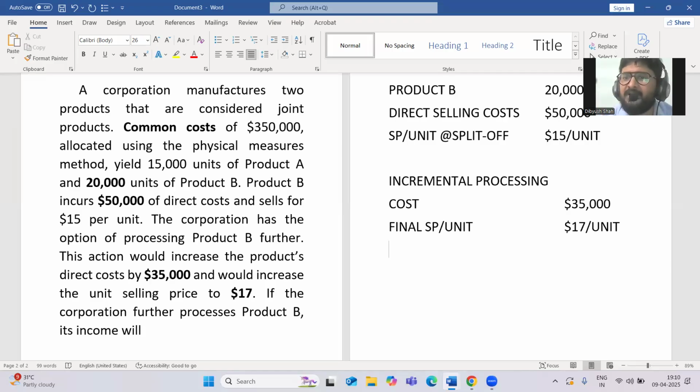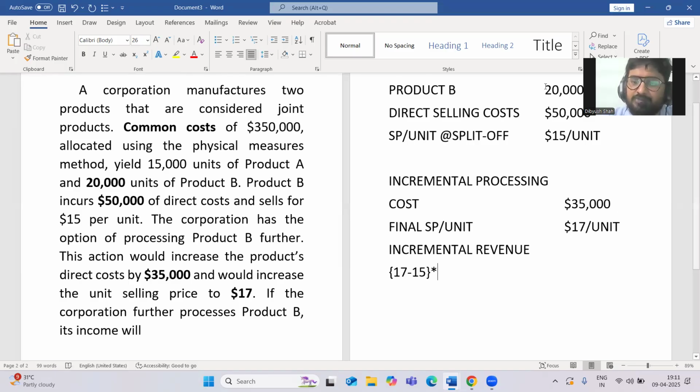To sell at 15, I was incurring 50,000. So the extra revenue that I am getting, the incremental revenue, is the final selling price 17 minus the split off price 15, on each unit. And how many units do I have? 20,000. So 17 minus 15 times 20,000, that is $2 for each unit, total $40,000.